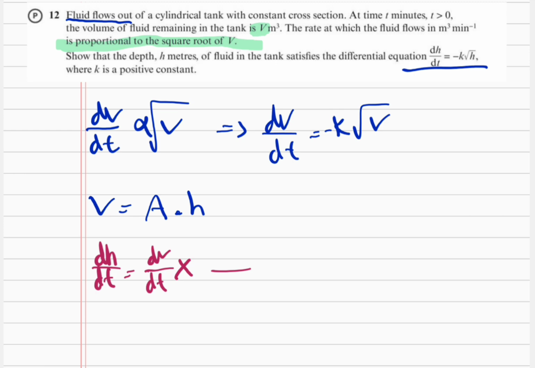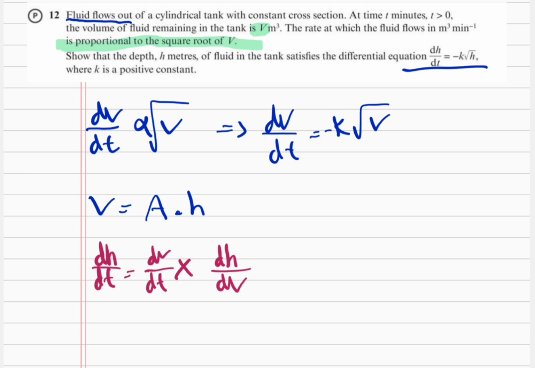For the second rate, we need to have dh in the numerator, and in the denominator we need something that cancels out with dV, which means it must be dV. So if we want to find dh by dt, we need dV by dt, which we have found, and also we need to find dh by dV.